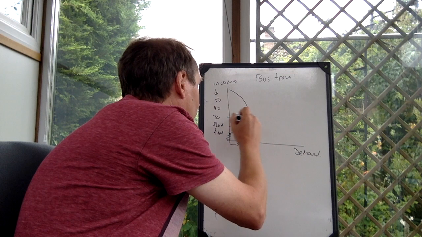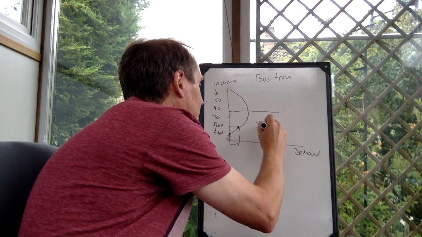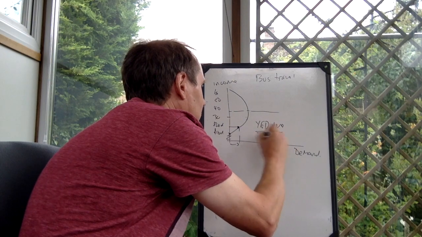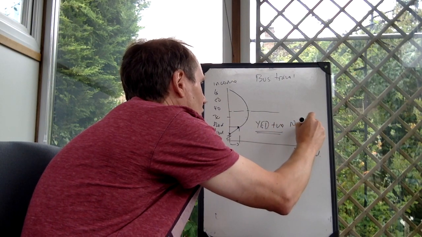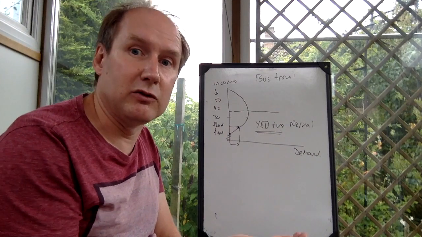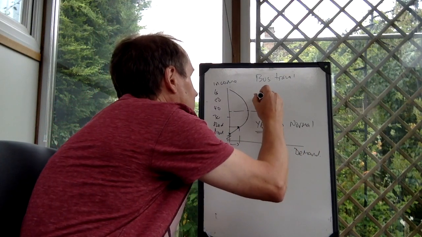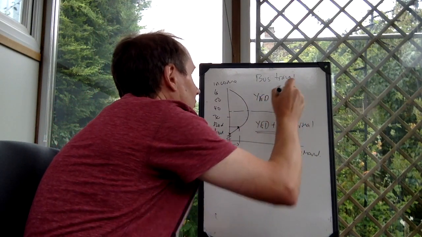Initially, up to about this level of income here, income elasticity demand is positive. Bus travel is a normal good. But once income reaches a certain level, you travel by car, or you take taxis or something along those lines, and income elasticity demand becomes negative.